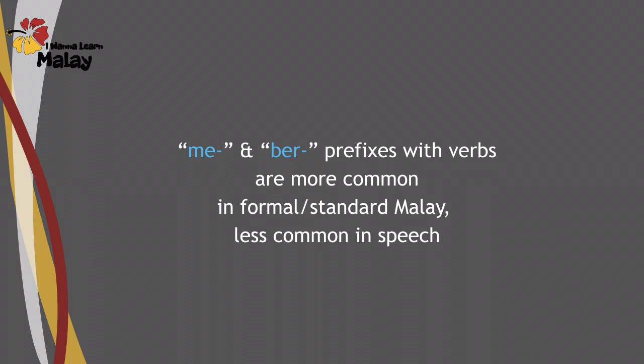So it's the same as when we looked at the prefix me. Both prefixes me and ber are used mainly in formal settings, not in spoken Malay. And this is only if the prefix comes with a verb, because it still produces a verb, the meaning of the word doesn't change. So for learning purposes, to simplify things and to avoid confusion, you can just use the verb on its own without the prefix ber or me.